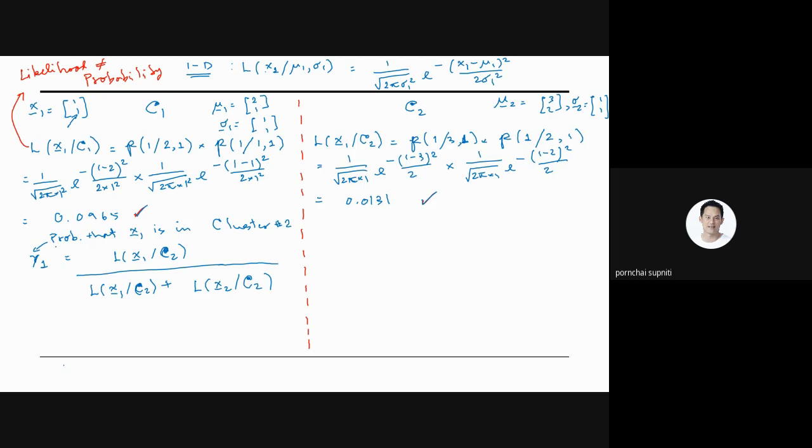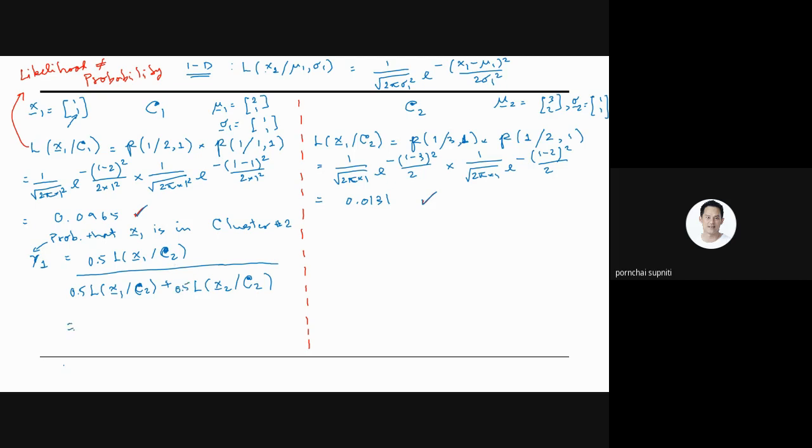So here we compute gamma 1 as the probability by just normalizing. What do we get here? But also we set alpha to be 0.5 at the beginning because we don't know what it is. We just set it to 0.5.